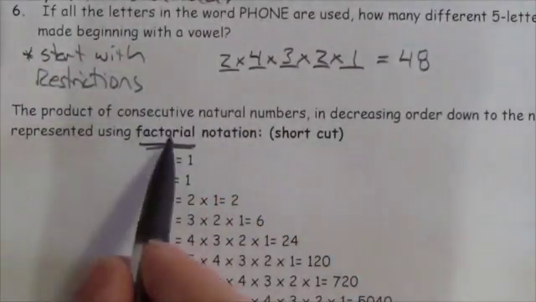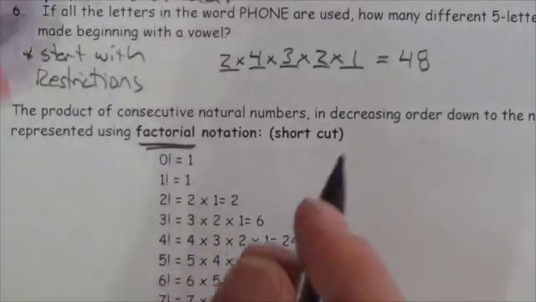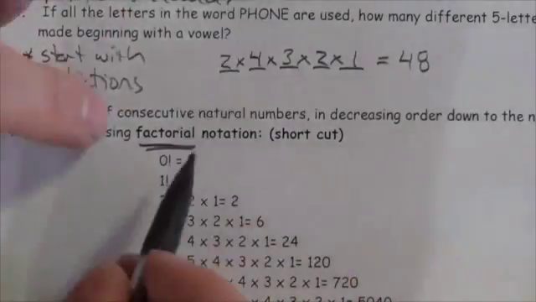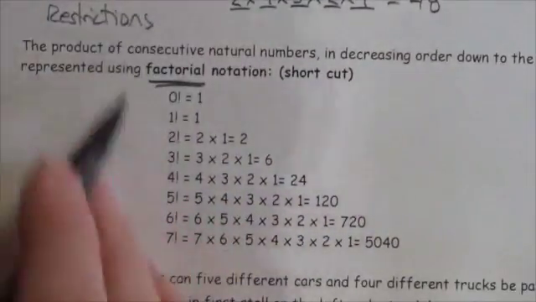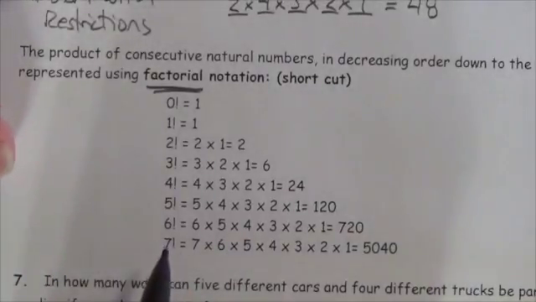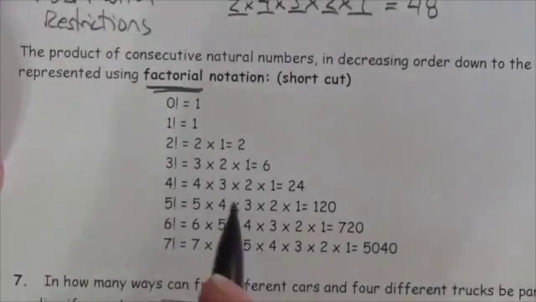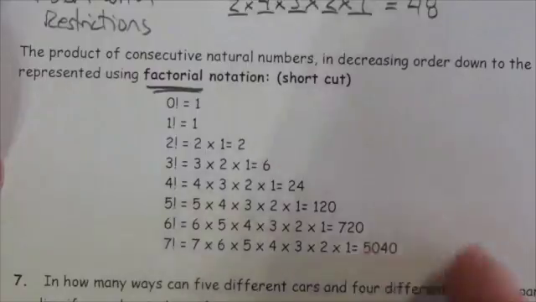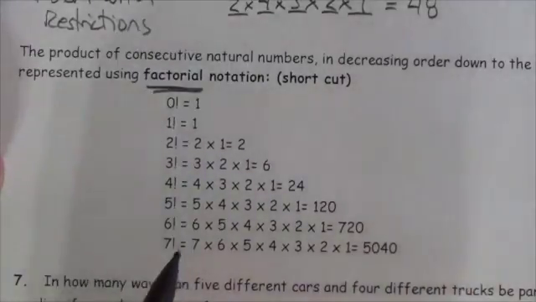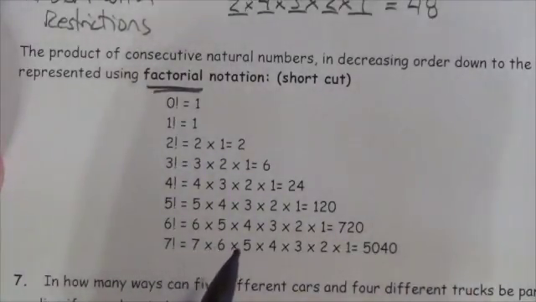Essentially, you're given a number, and then every number below that becomes a factor of the value you're looking for. 7 factorial is 7 times 6 times 5 times 4 times 3 times 2 times 1. They're all factors of the number that we're looking for.